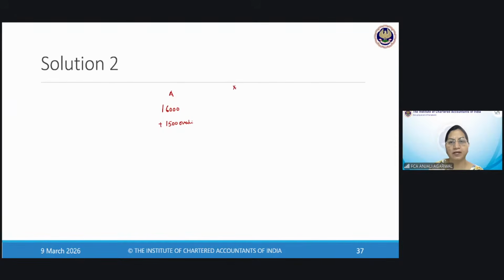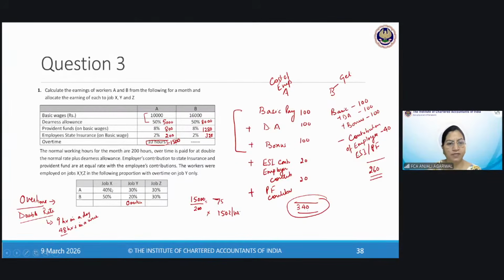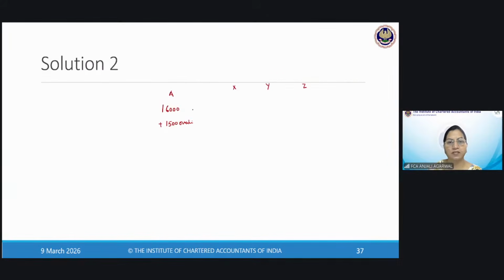Now this is to be allocated amongst X, Y and Z. Since A has given 40% time, 30% and 30%, you will divide the 16,000 in the ratio of 4:3:3. Plus the overtime of 1,500 will go for job Y.